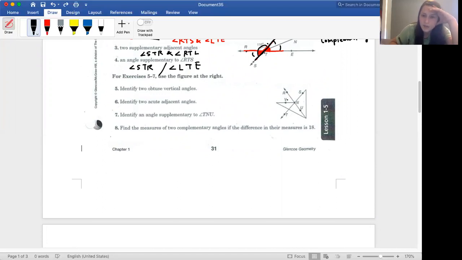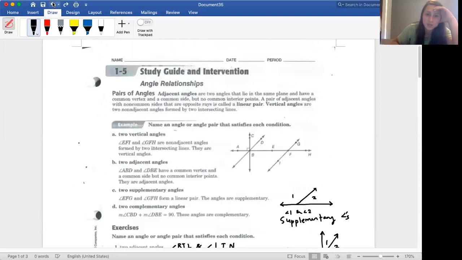So each angle has to be smaller than 90 degrees. So these two would work, right? These two could work. I think this one might be greater than 90 degrees. These two could work, right? So any two combinations where each angle is less than 90 degrees will work.